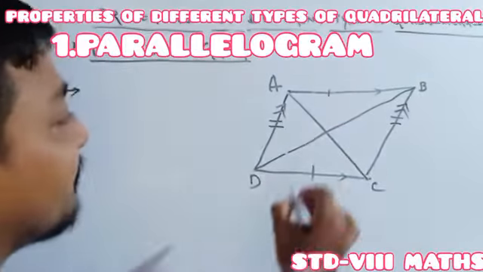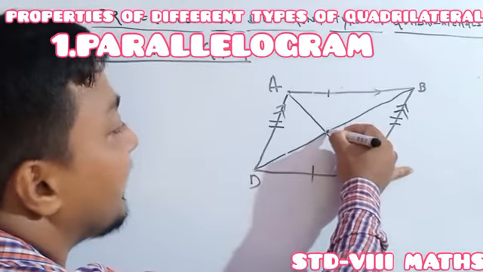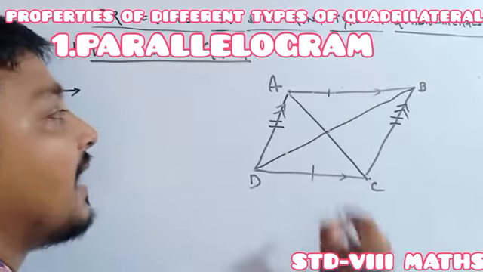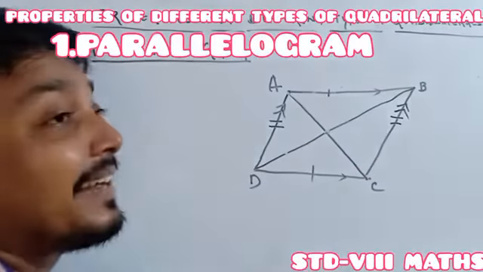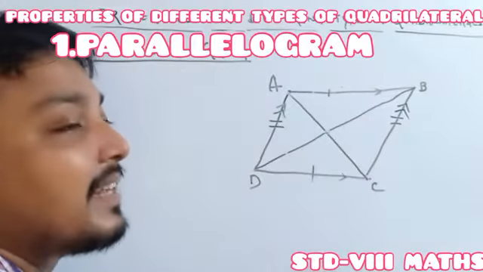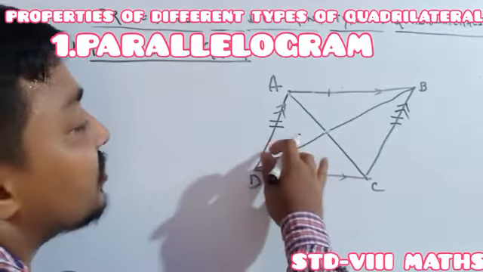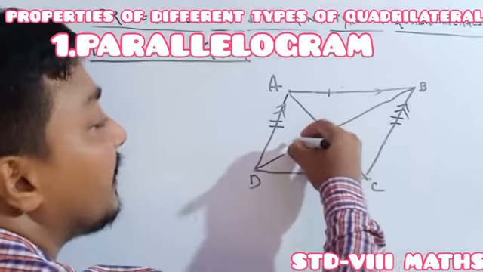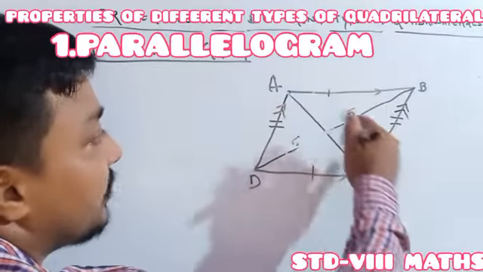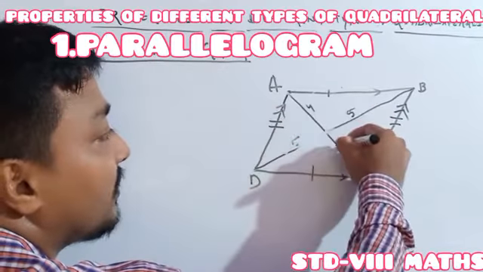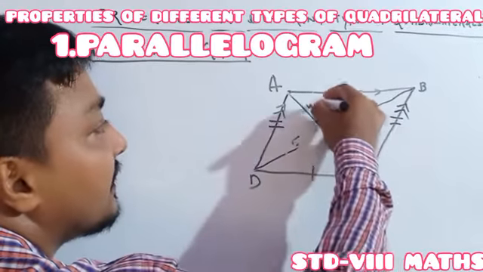And another thing, remember, the diagonals intersect each other at a point in the interior region. Both diagonals bisect each other. Bisect each other means, suppose this one is 10, then this one is 5 and this one is 5. Suppose this one is 8, then this one is 4 and this one is 4, in centimeters.